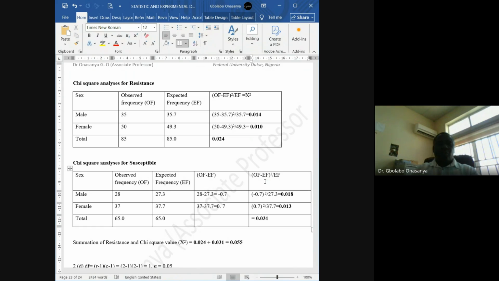We have got the chi-square value for resistance. Can you see? For resistance. Fantastic. Let us go to chi-square for susceptible.